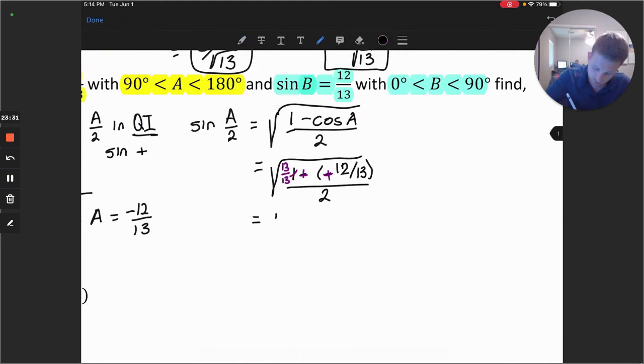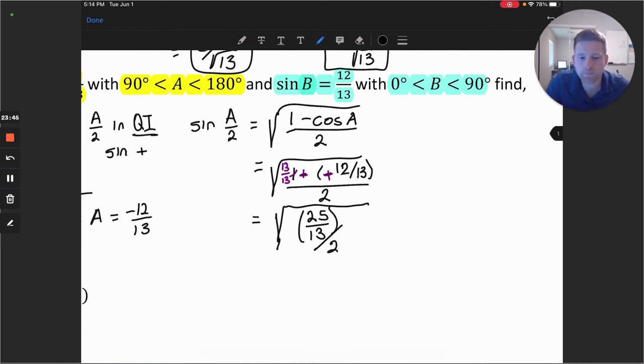So we have the root of 25 over 13, all divided by 2 in that square root. One way we can simplify that is the root of 25 divided by 2 times 13. If we divide by 13 and then divide by 2, we'll just be dividing by 26, 2 times 13.